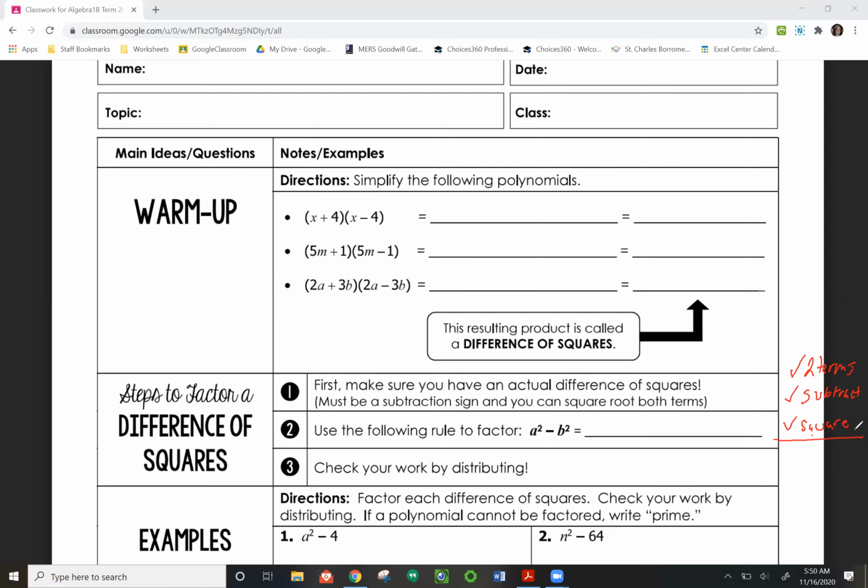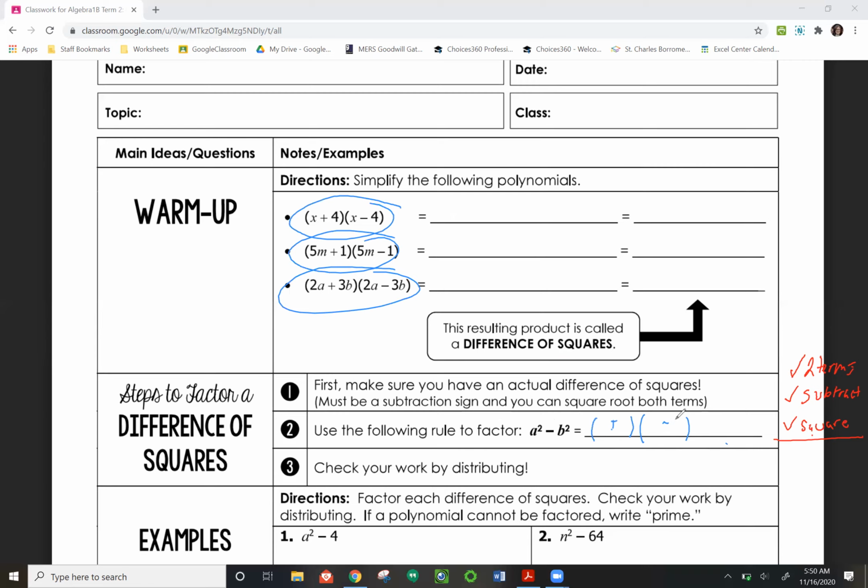Then we're going to use the following rule. We have a squared minus b squared. Let's say that that's our polynomial or our expression. What is that going to look like? It's going to factor into two binomials. And what are those binomials going to look like? Well, remember the conjugates, one of them has a plus sign and one of them has a minus sign.